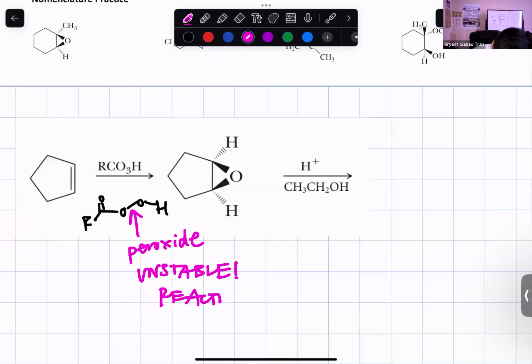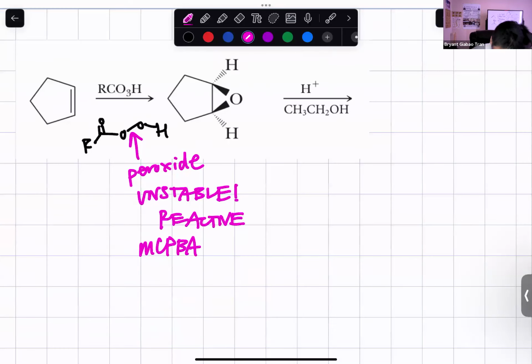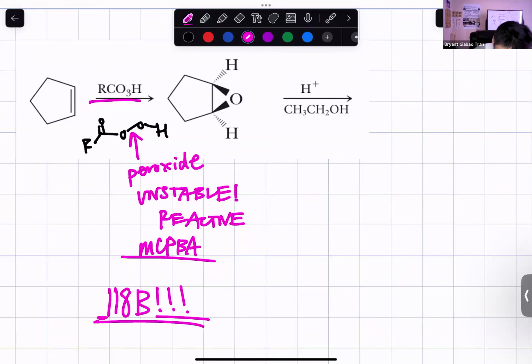A type of RCO3H is going to be MCPBA. You're going to learn more about this in 118B when you learn about alkenes at the beginning of the quarter. But what this would do is turn an alkene into an epoxide.